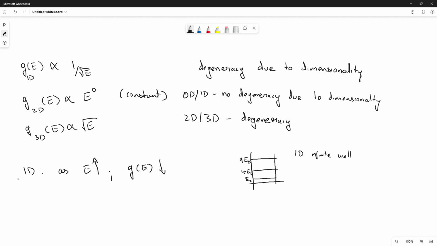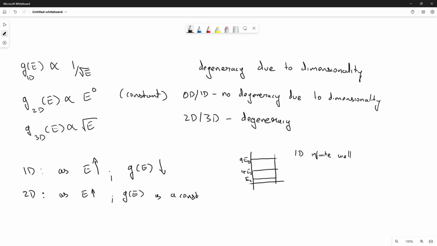Whereas for my 2D system, as E increases, G of E is a constant.